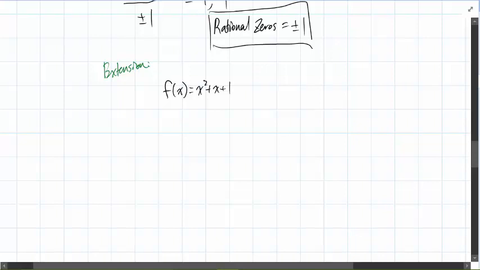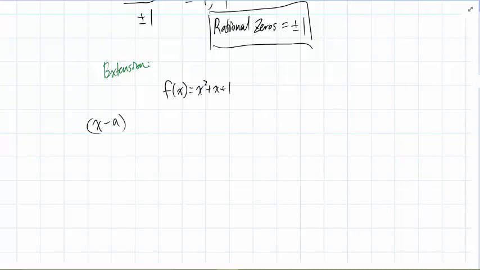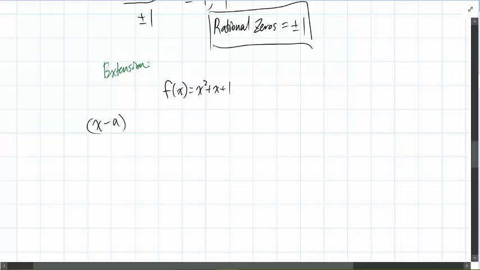We would use synthetic division. So remember the x minus a form, which I talked about in the previous videos, and previous speakers have also mentioned. So I want to try positive 1 first.